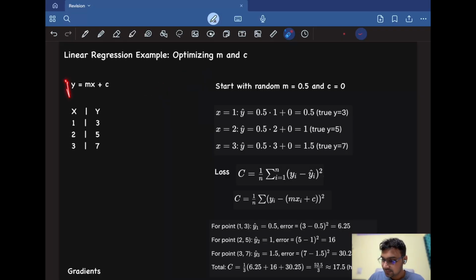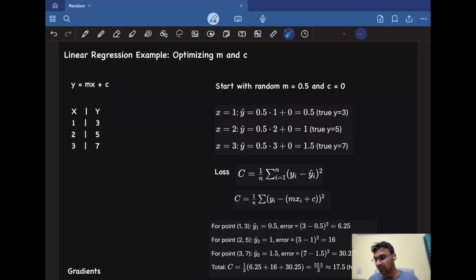What we want is, we have some test values: x = 1, then y = 3; x = 2, then y = 5; then similarly. So our goal is to find the values of m and c such that this equation fits these values, and if a new value comes, it is going to predict it.